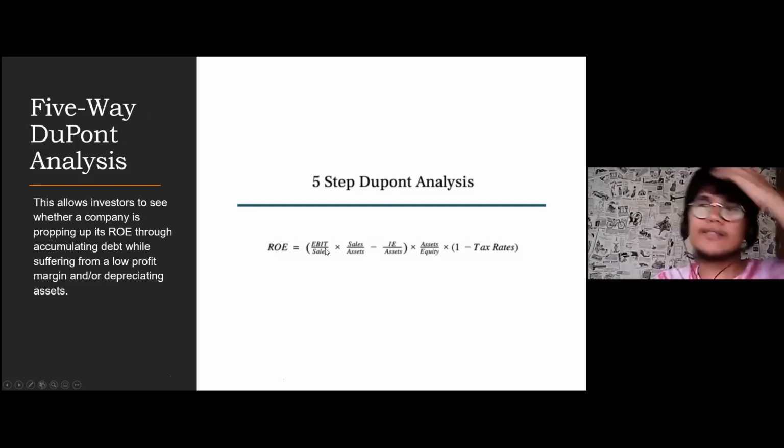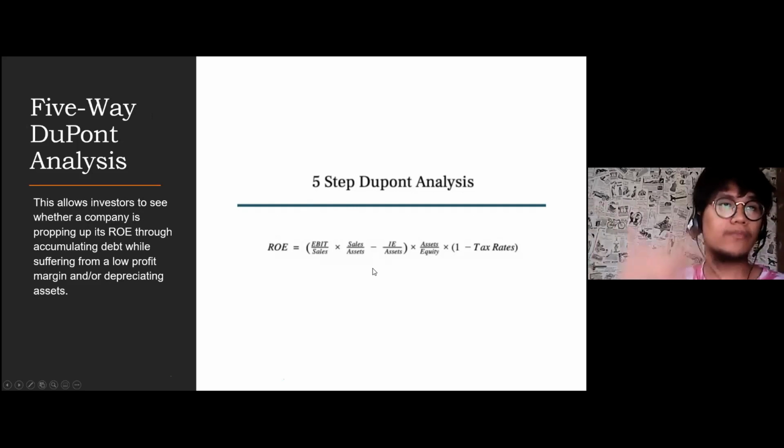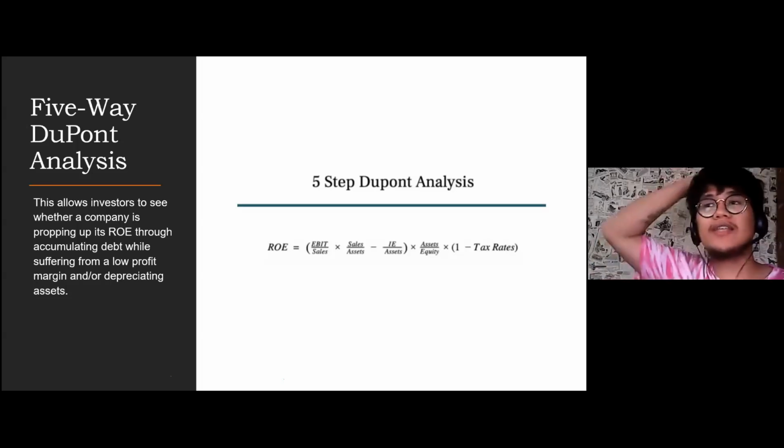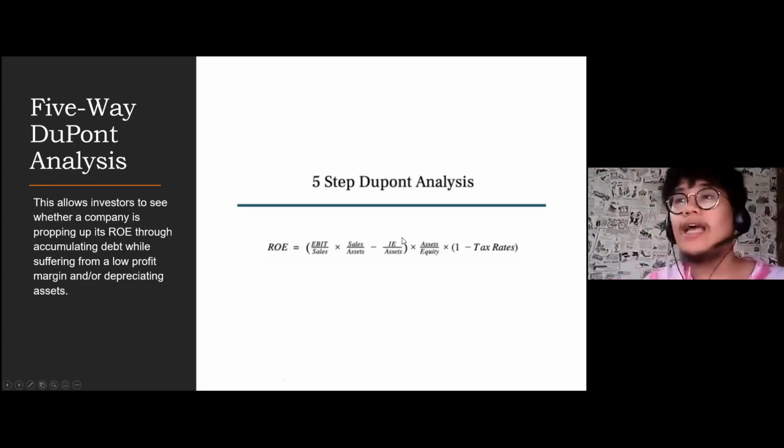So the tax was removed from the net income, which is why we arrive again at the operating profit margin, which is your EBIT over sales. So we multiply sales over total assets, which is the same as your asset turnover, less your interest expense ratio, your interest expense over your total assets.